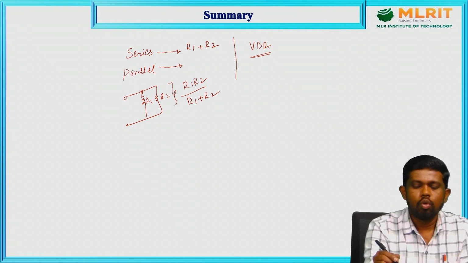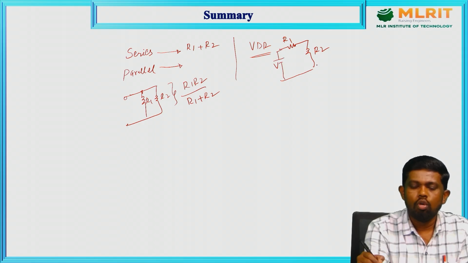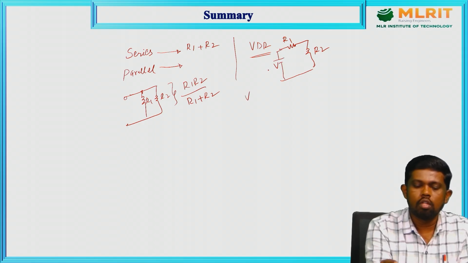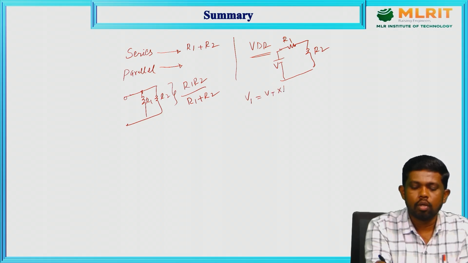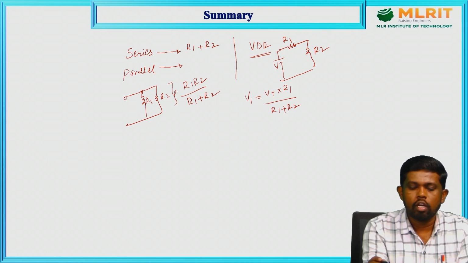Here the elements are R1 and R2, and the applied voltage is V. The voltage across the first element by the voltage division rule is V1 equal to the total voltage of the circuit into the same resistance upon the total resistance of the circuit. For whichever element we determine the voltage, we take that corresponding resistance as the same resistance value. That is the voltage division rule.